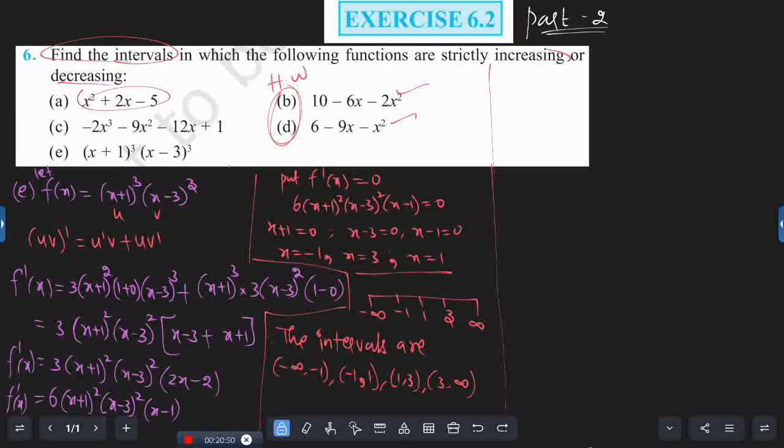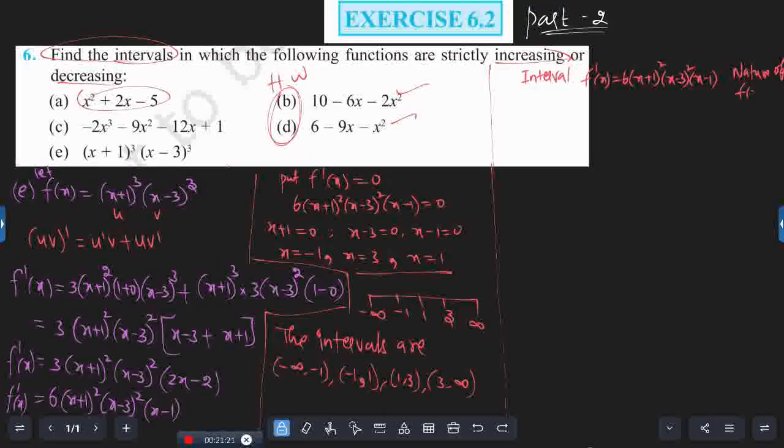Table. So first, the interval. Next, f dash of x equal to 6 into whatever you have here, take that: (x plus 1) whole square, (x minus 3) whole square, and (x minus 1). Next, nature of f of x.